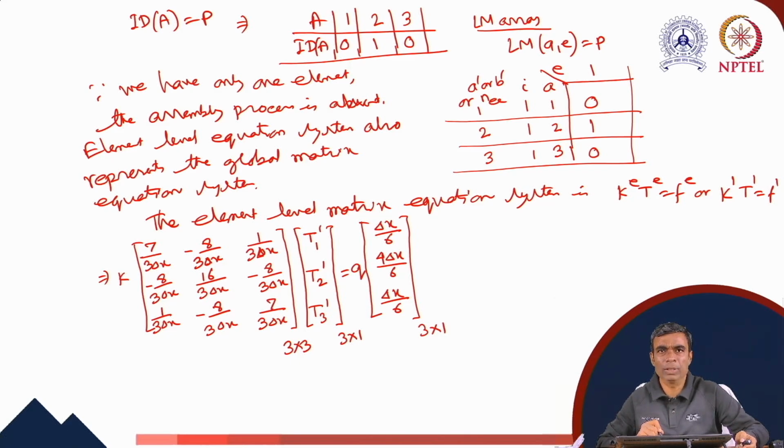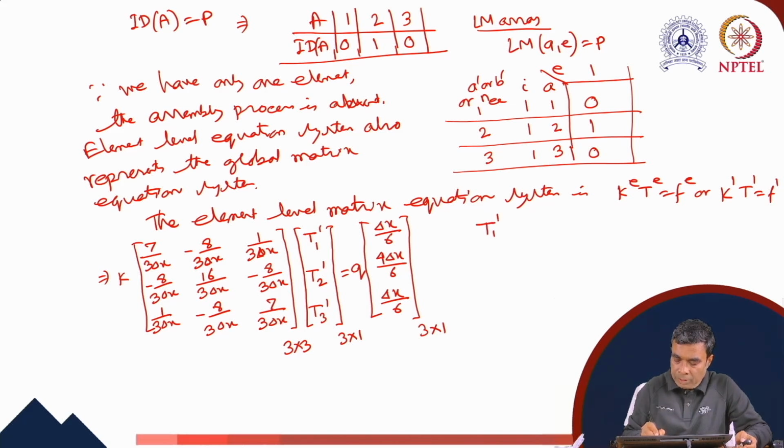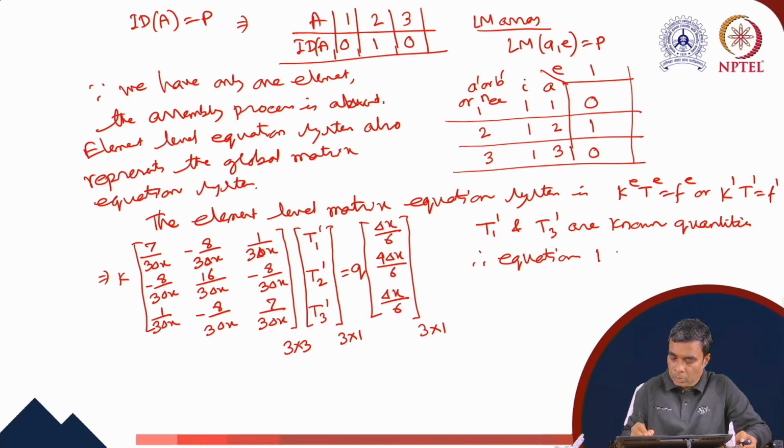If we look into this equation system, then we find that T11 and T31 are known quantities. Therefore, equations 1 and 3 are redundant.